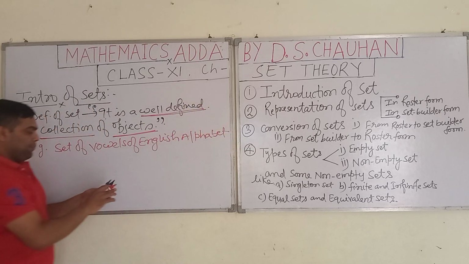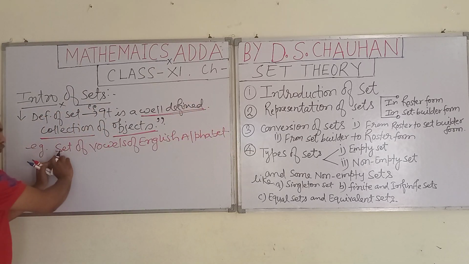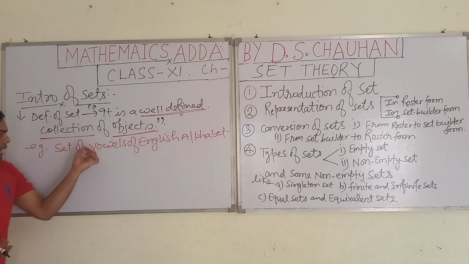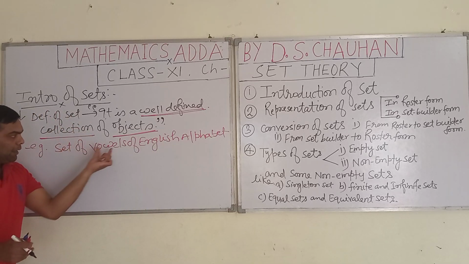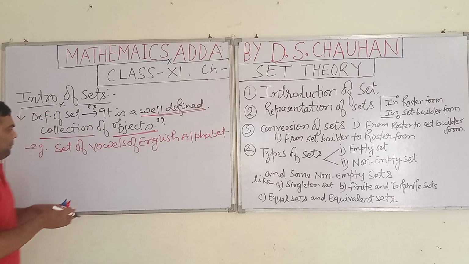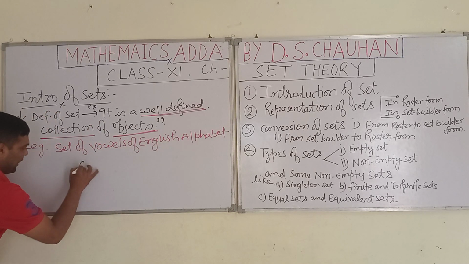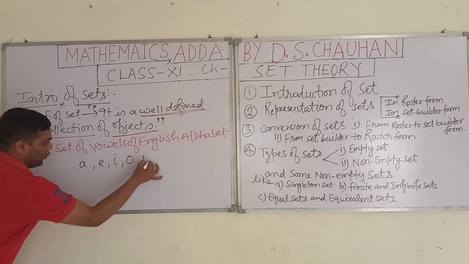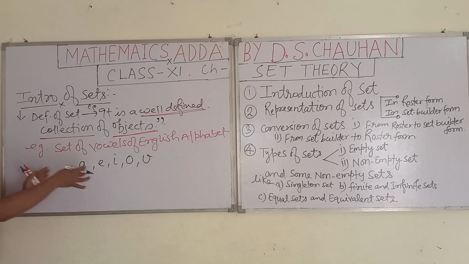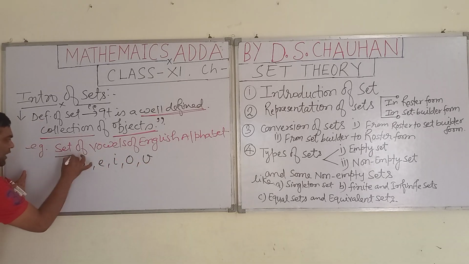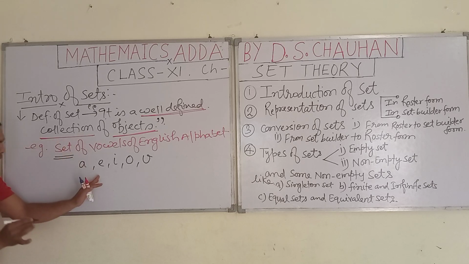Well students, see here, set of vowels of the English alphabet. All of you are very familiar with the vowels of the English alphabet. What are these vowels? These are A, E, I, O, U. These are the vowels of the English alphabet. We have to write down the set of these vowels.